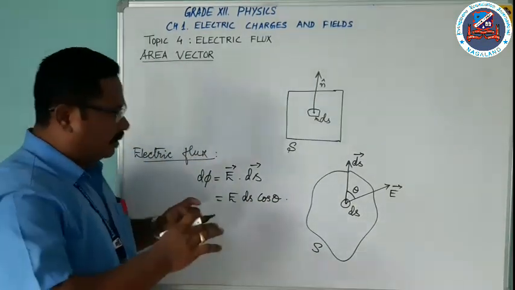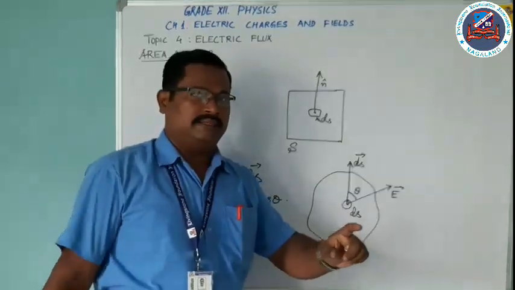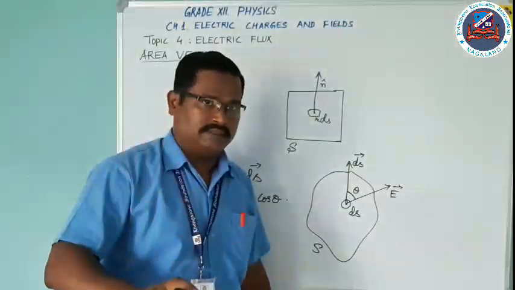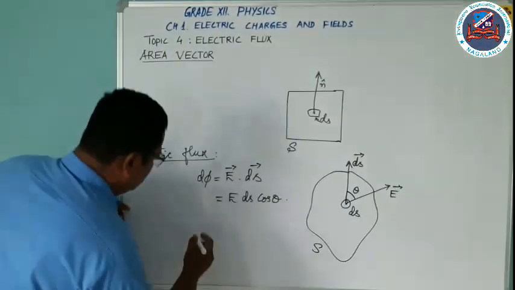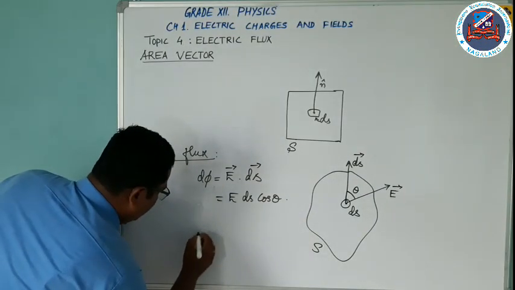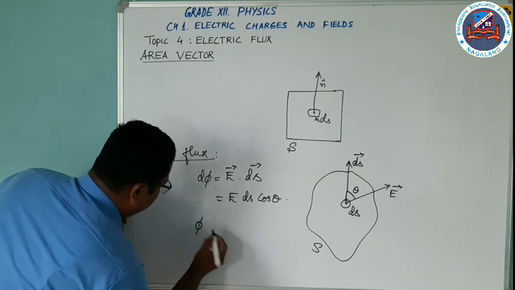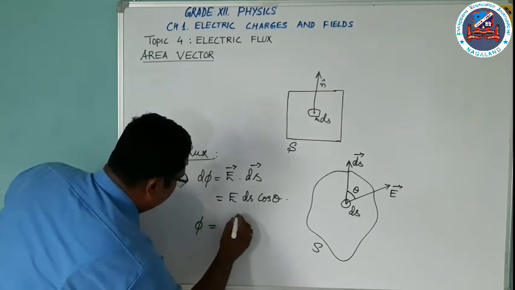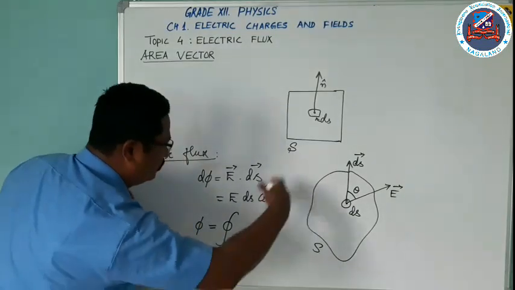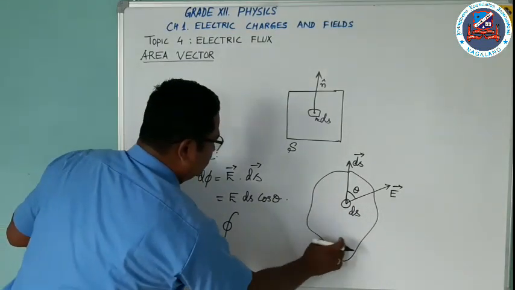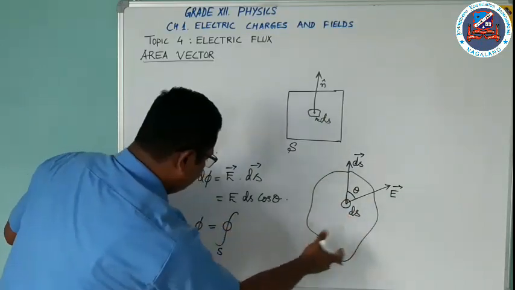Then to find the total number of electric field lines, the total flux, we integrate this d phi. If you integrate d phi, you will get phi. It is a surface integration for the whole surface, as the sum of all such ds covering the whole surface.